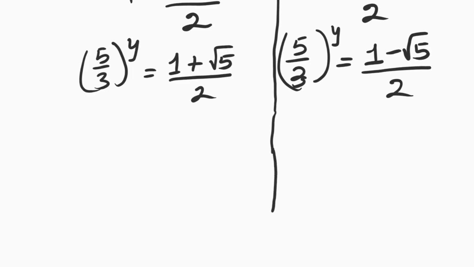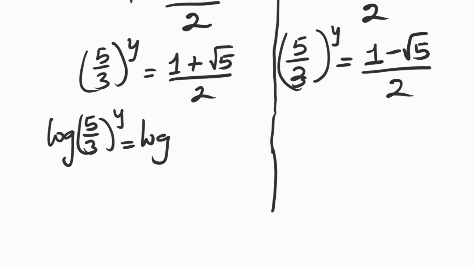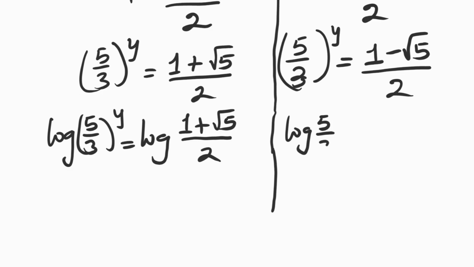Now, what can we do to find the value of y? We can apply log to both sides, and if we do, this becomes log of 5 over 3 raised to power y equals log of 1 plus root 5 divided by 2. And this is also going to be the same thing on this side for x2.